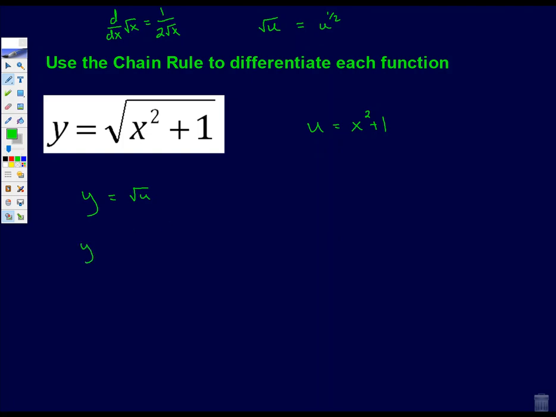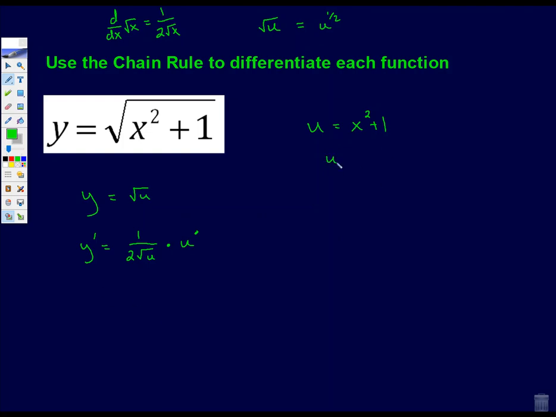To find the derivative, I apply the basic rule to this. The derivative of square root of u is 1 over 2 square root of u, similar to the basic rule above. But because u is not just x, u is another differentiable function, the chain rule says you've got to multiply by u prime, the derivative of u.